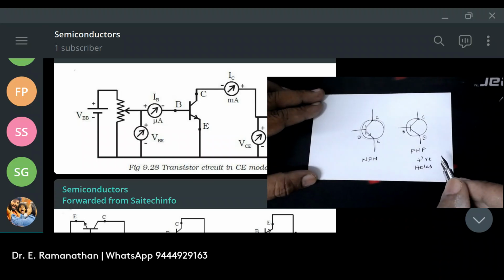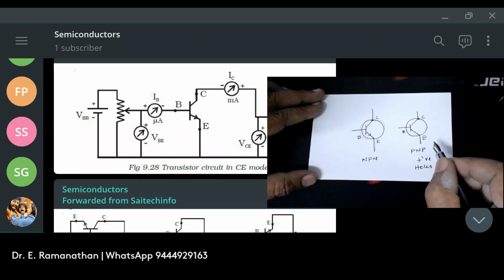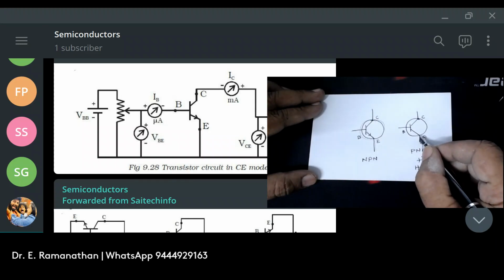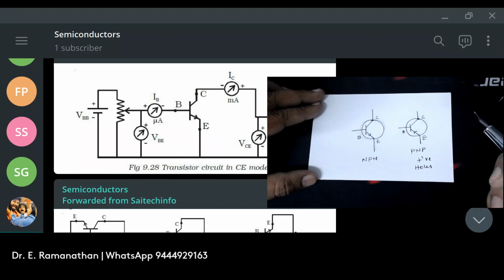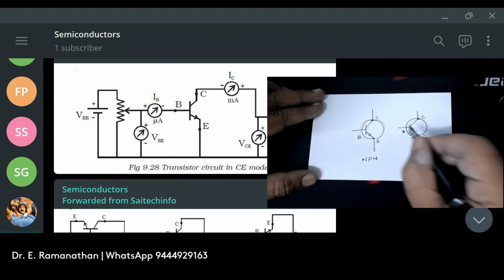and in fact the direction of current is in the direction of positive holes. So in that case, the positive charge carriers are emitted by the emitter towards the base.